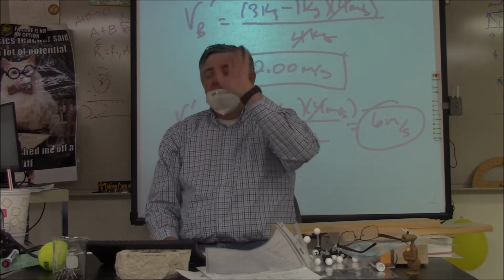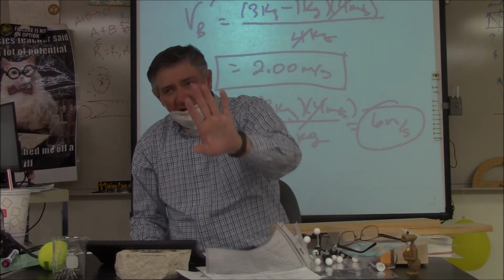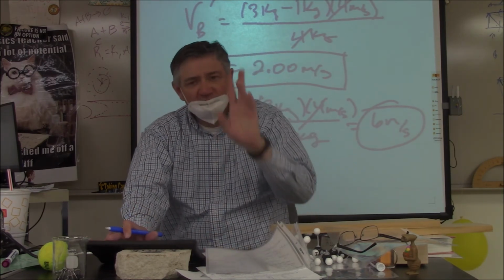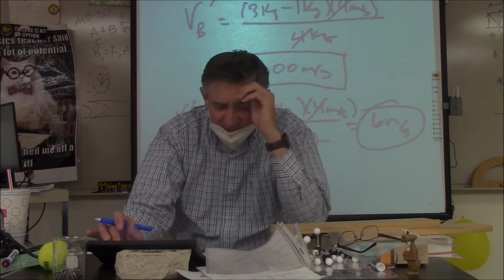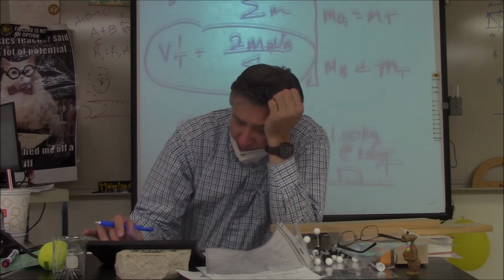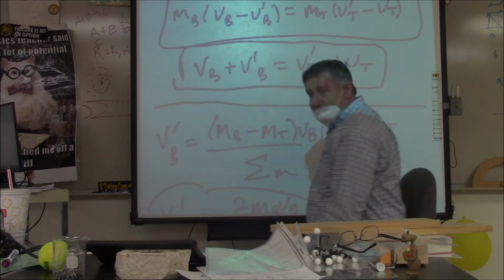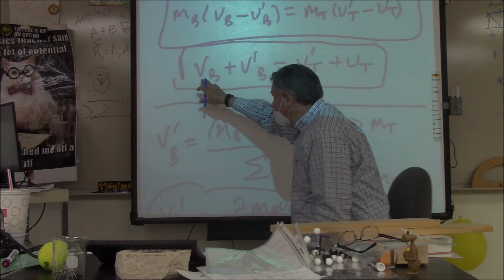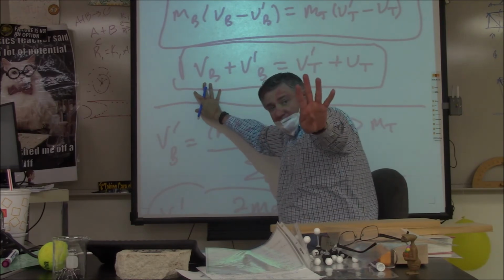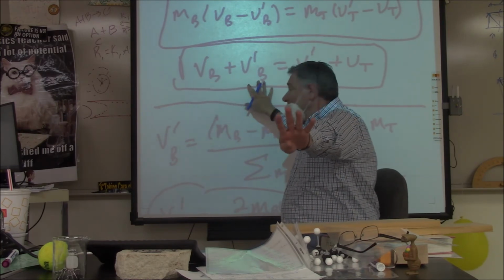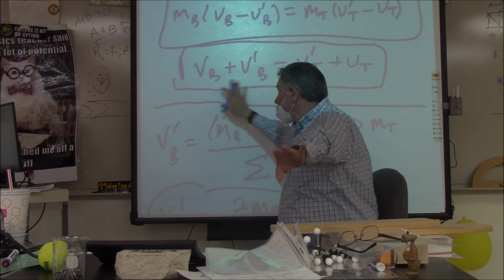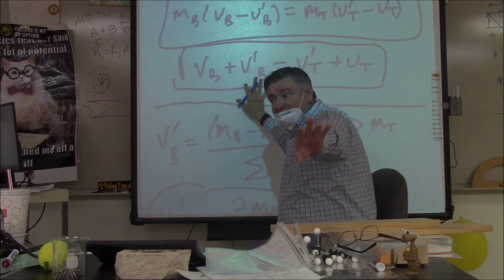Now, at this point, we can do a little check. If this is a perfectly elastic collision, we're going to look up here and ask, is this statement true? The original velocity of the bullet was 4 meters per second. It slowed down to 2 meters per second. So that's 4 plus 2, that gets me 6.